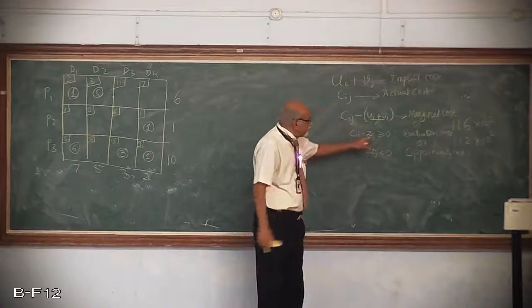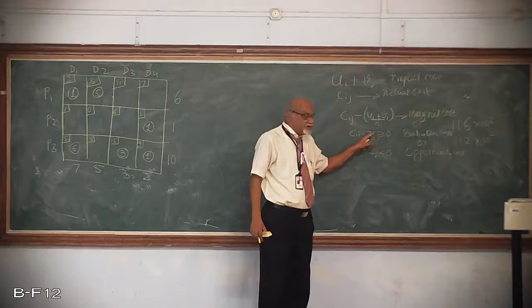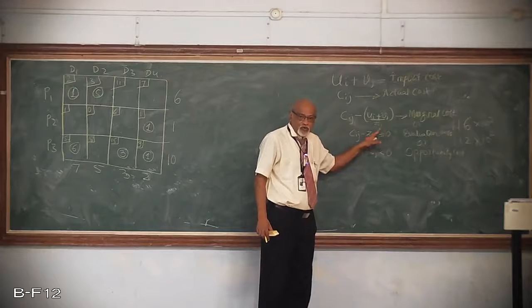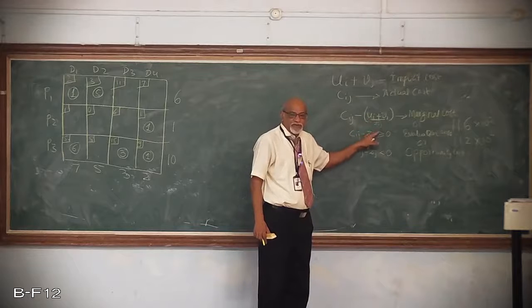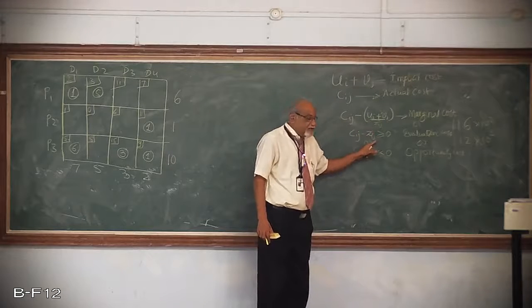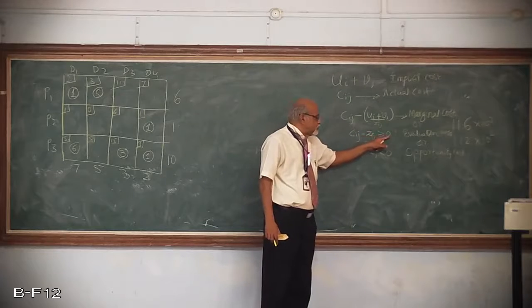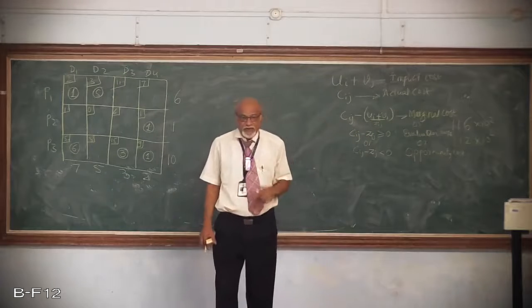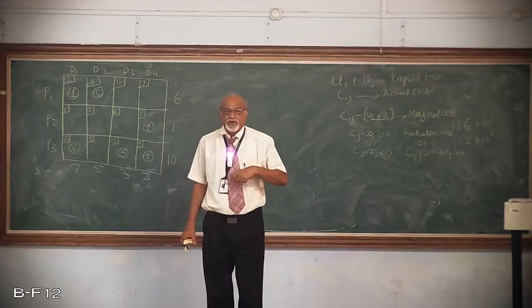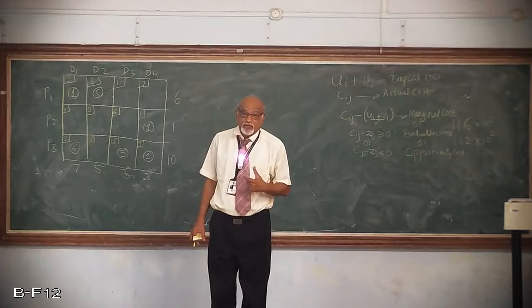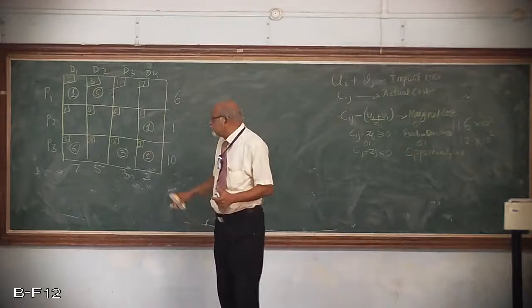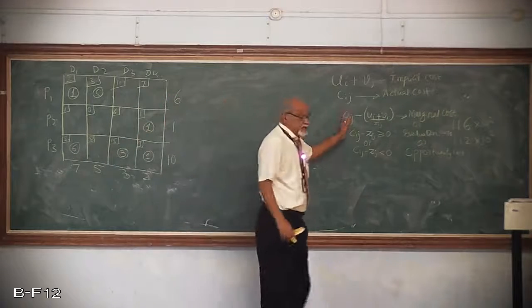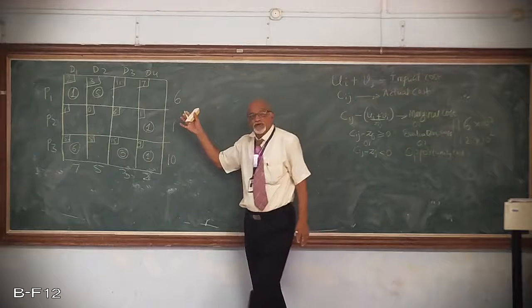If for empty cells these Cij minus Zij values are greater than or equal to 0, then we conclude that the optimal solution has been reached, because it is going to be a positive value. If it is greater than 0, ultimately it will increase the cost by that amount, corresponding to the present solution. If it is 0, the present solution itself still holds good.